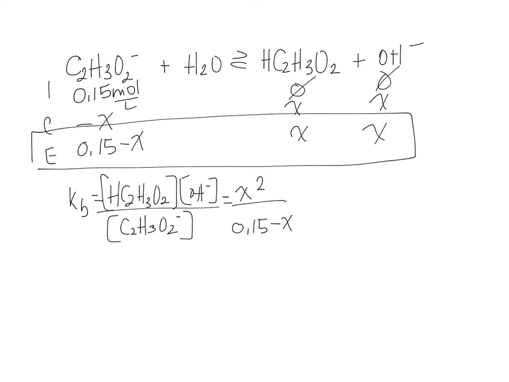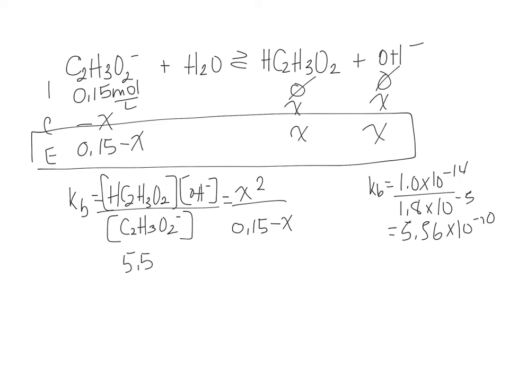Well, we know the Ka value. So if we take 1.0 times 10 to the negative 14, divide by our Ka value, we will get our Kb value. So 5.56 times 10 to the negative 10 is equal to x squared over 0.15 minus x.